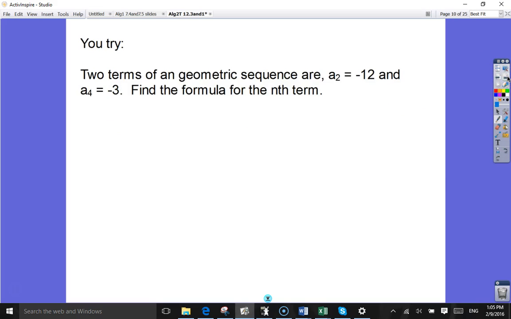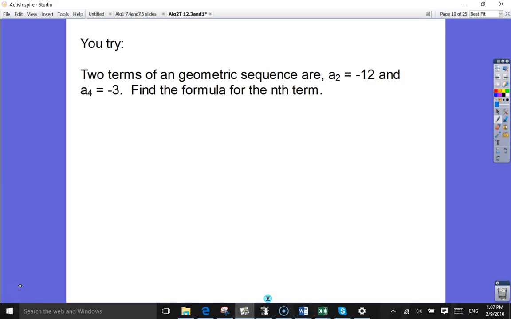All right, try this one. You got two terms there. Neither one is the first term, but see if you could use them to figure out first the r and then the first term, so you could write a formula. And hint, there's two possible answers here.